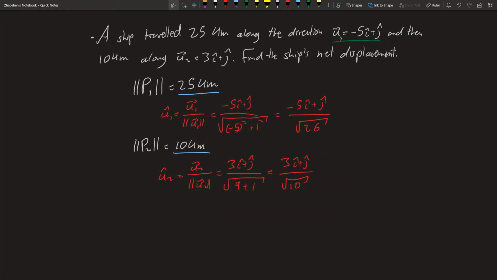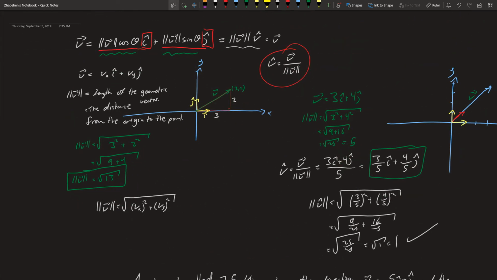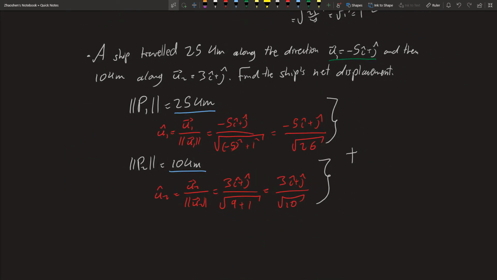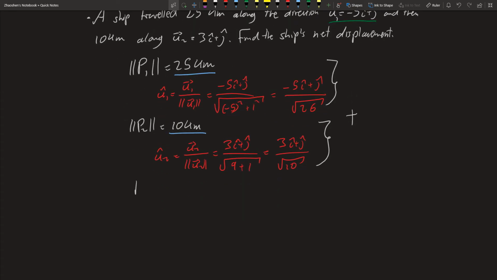So, here's what the question is asking. You want to find the net displacement, meaning that you add those two displacements up. And those displacements are vector quantities. And a vector v is equal to the magnitude times its direction. We want to find the vector p1 and the vector p2. Vector p1 is equal to the magnitude of p1 times the unit vector in the direction of p1, which is u hat 1.